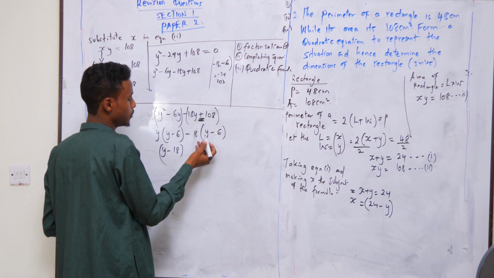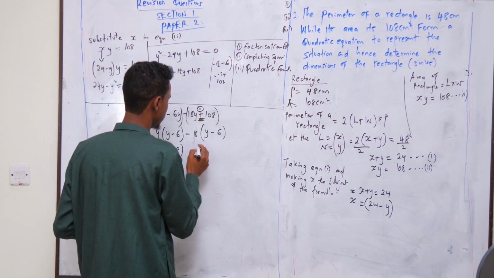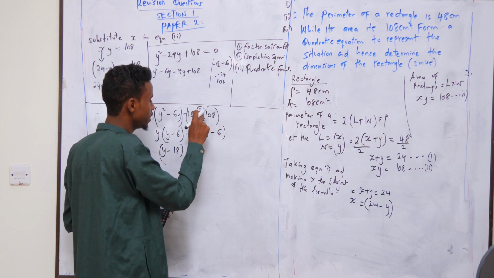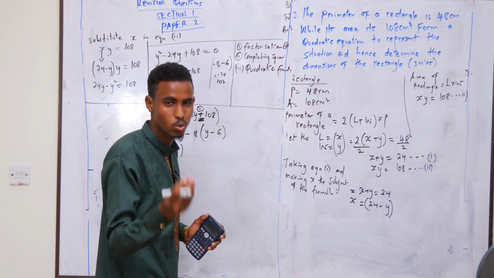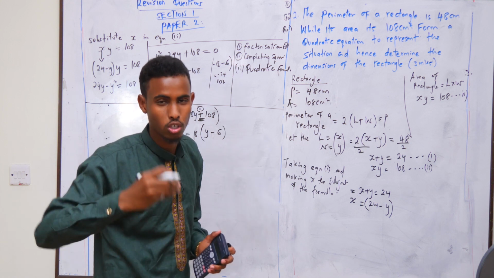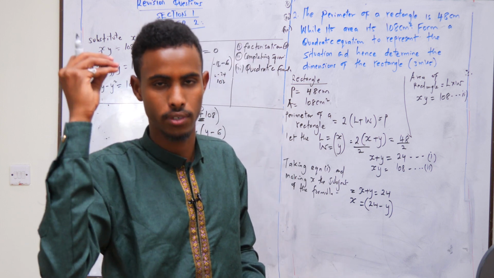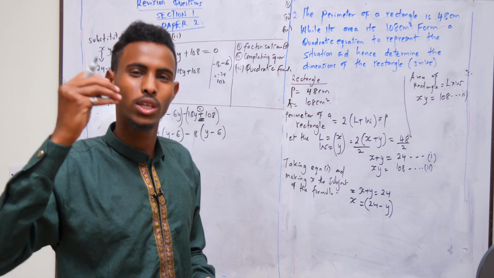Are you together? Good. Minus 18 times minus 6, we are going to get positive. We must retain the originality of the question, and for you to retain the originality of the question, the sign will be subject to changes. Very good. But the essence here is the number should retain its originality.